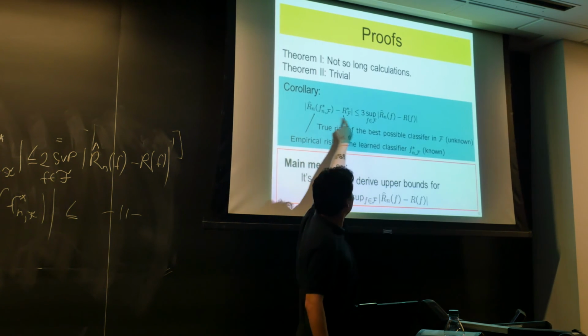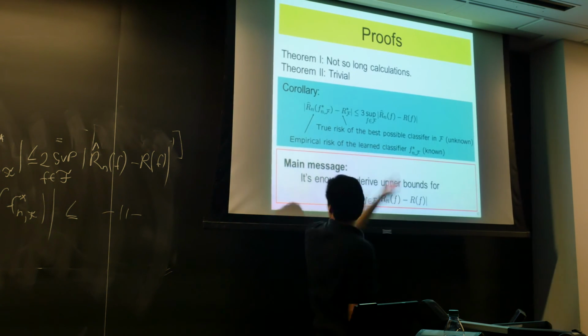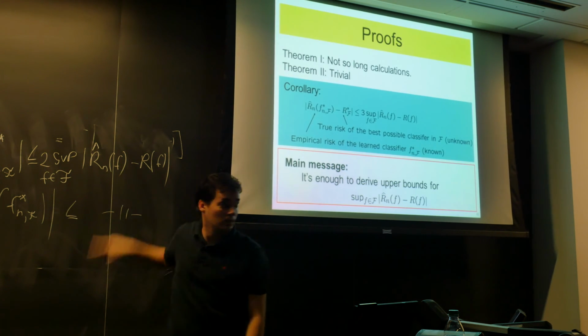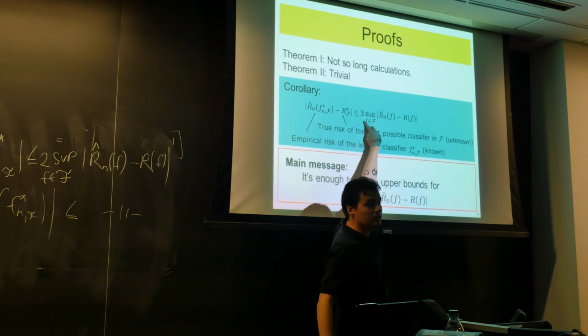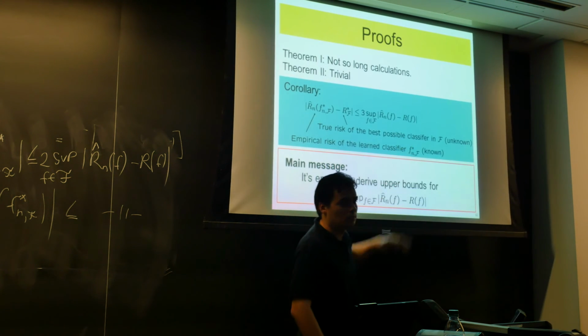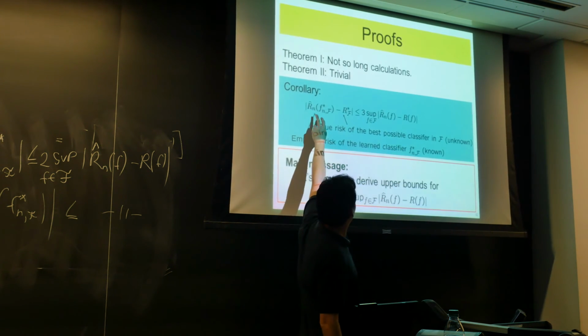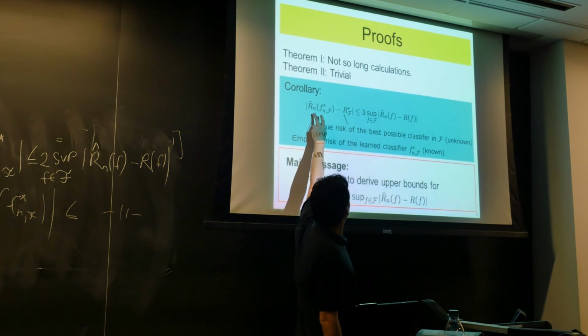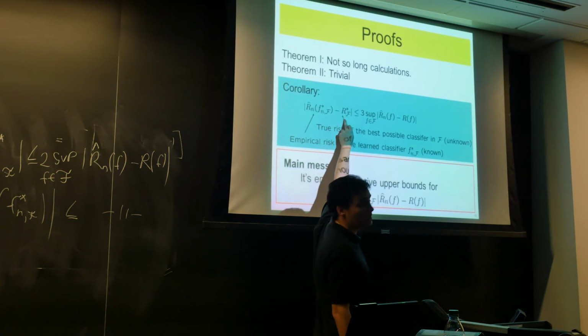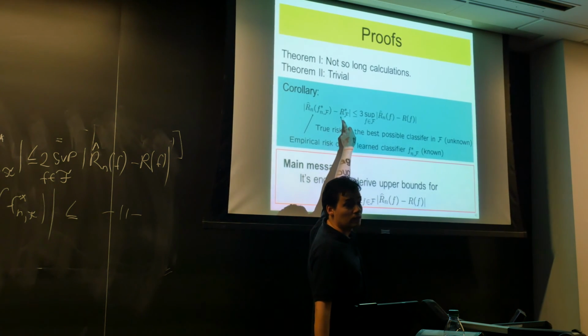And this quantity here can be upper bounded with 2 plus 1 times this supremum. So if I can bound this quantity here, then I will know how far the risk that the algorithm produces is from the best achievable risk in the function class f.